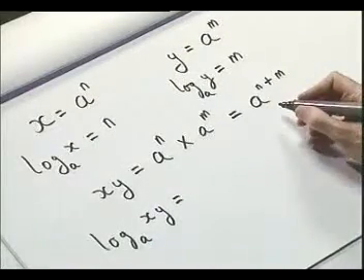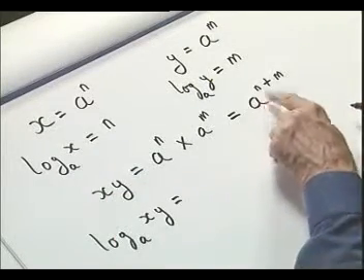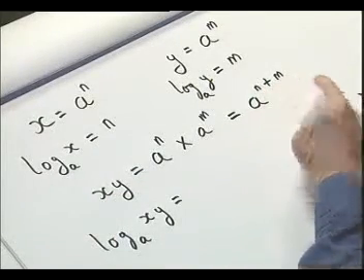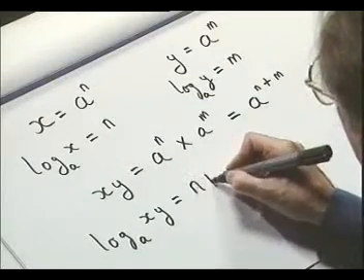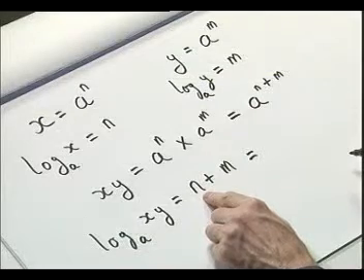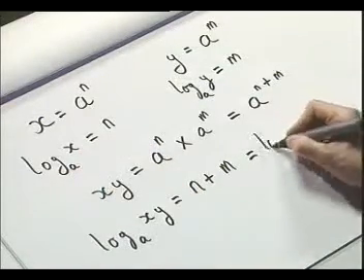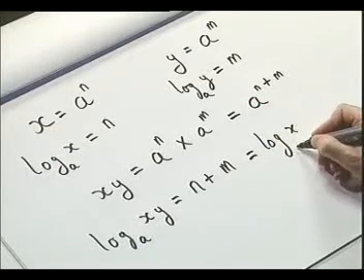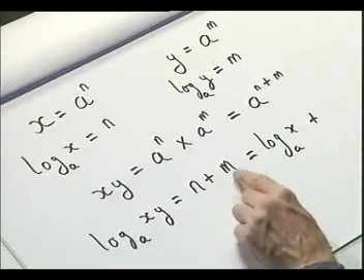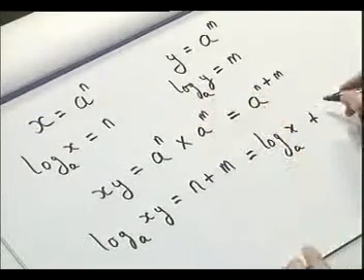Well, quite clearly from the definition we've had, x times y is a to the power n plus m, so the logarithm is n plus m. That n, we know, is the log of x to base a, and similarly, m is the log of y to base a.